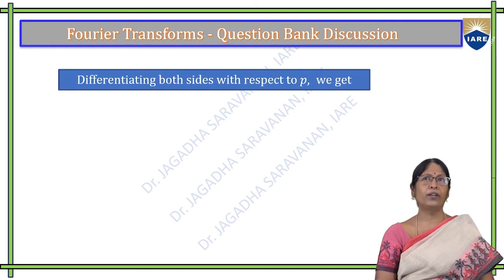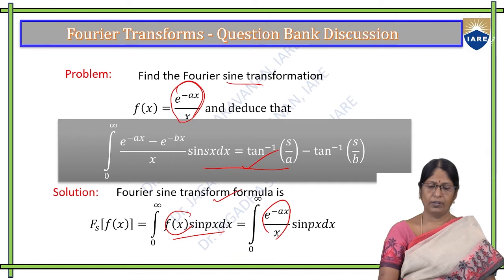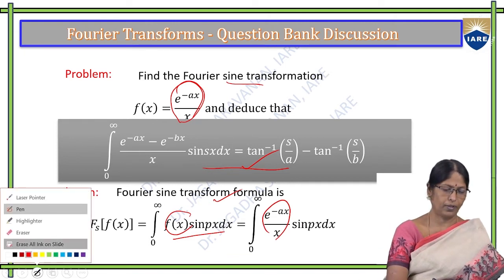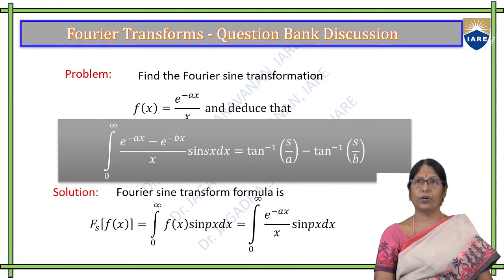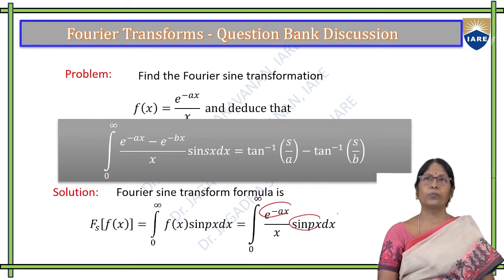Next, to obtain the result in this particular problem, what are the steps we are going to focus on? That is, to do this integration, in this particular problem, only these two terms are there.